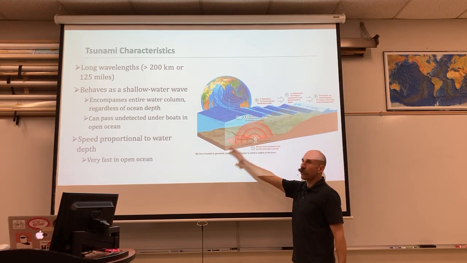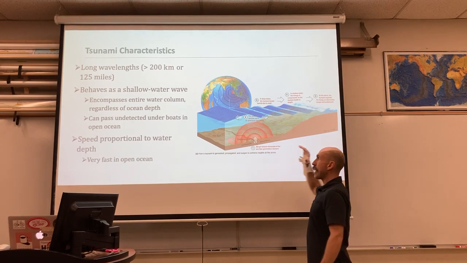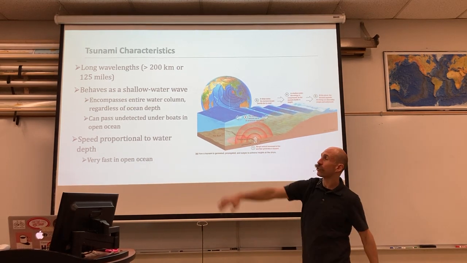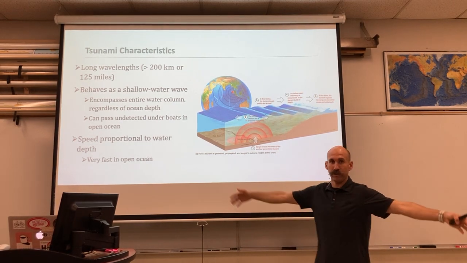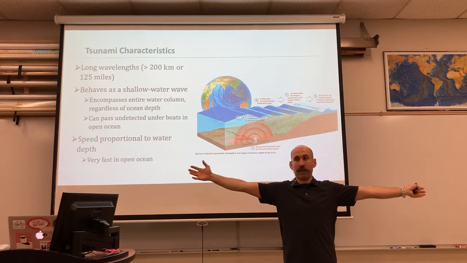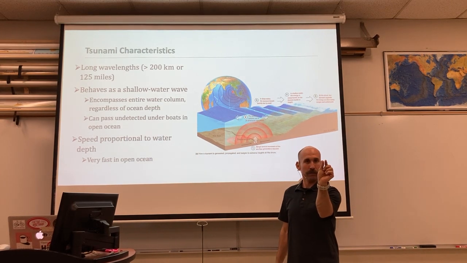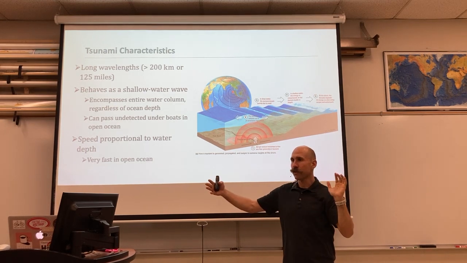So tsunamis are like surface water waves, but they expand across the whole ocean because their wavelengths are super long. They can be greater than 125 miles. That's a long wavelength, as opposed to wind-generated waves, where capillary waves are really tiny and then they get a little bit bigger.